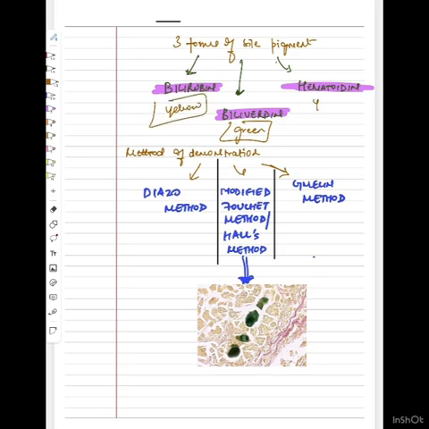Hematoidin is a yellow-brown pigment found in old hemorrhagic areas. This is usually observed in splenic infarcts and brain hemorrhage, which is old.